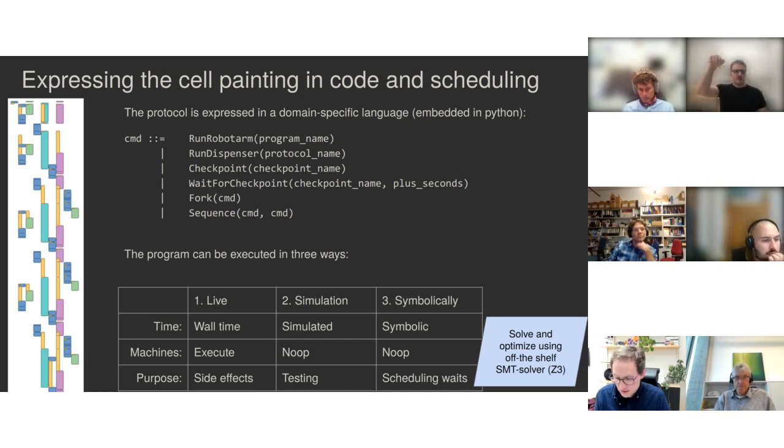You express a series of commands that you want executed, but sometimes you have to do several things simultaneously, or maybe you don't have to, but if you want to cram in as many plates as possible in one batch, which we want, you need to do many things simultaneously. So that's why you have a fork command, which forks a new thread and runs both of them in parallel.